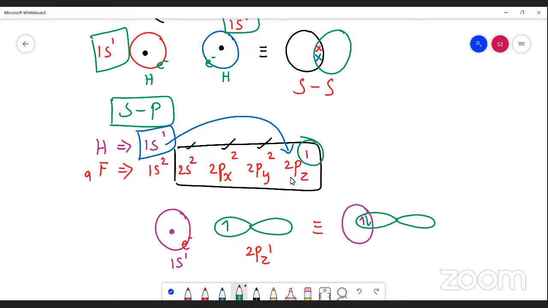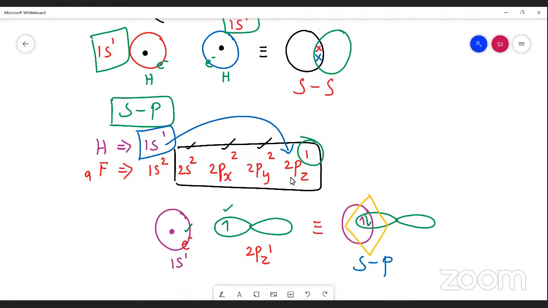Whenever these two electrons are in the overlapping region, this is called the overlap region. This is the possible overlap region, and that's the possibility of getting a covalent bond. This type of bonding we name sp overlapping. The sp overlapping is nothing but the s orbital of one atom overlapping with the p orbital of another atom.